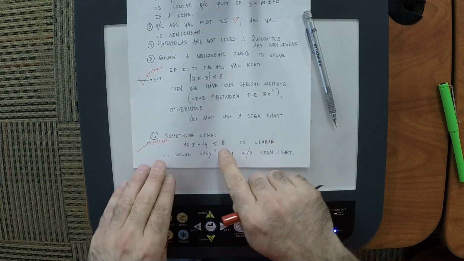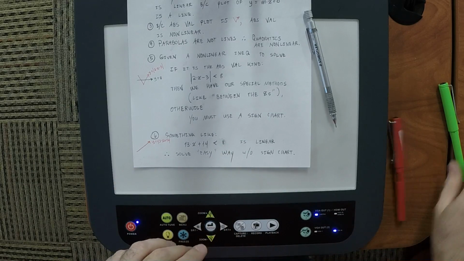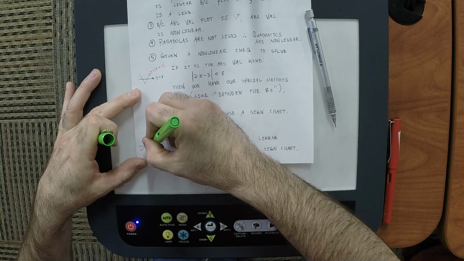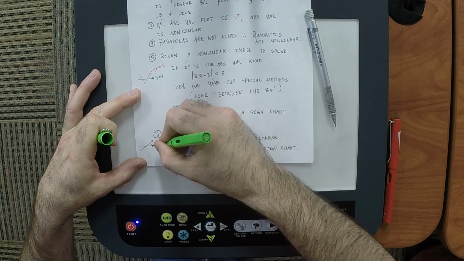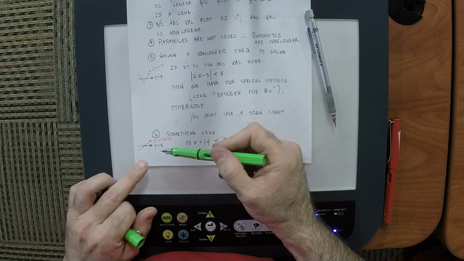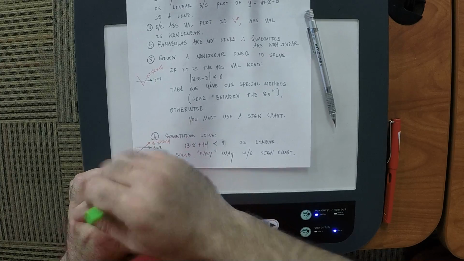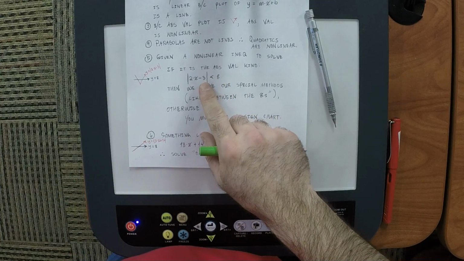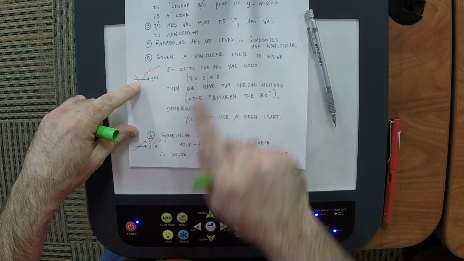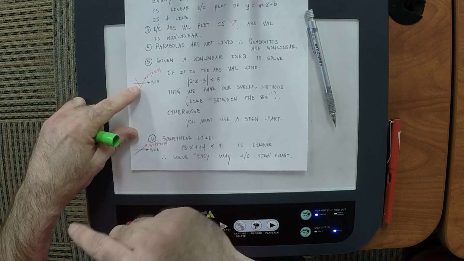And if you were to plot y equals 8, how would it look? A horizontal line. And how many times do these touch? Once. The reason why something like this is going to split is because of two touches. The reason why this one will not split is because there's one touch.